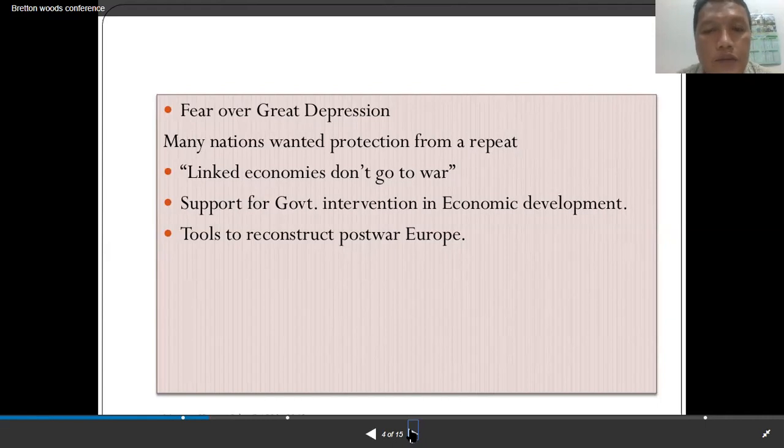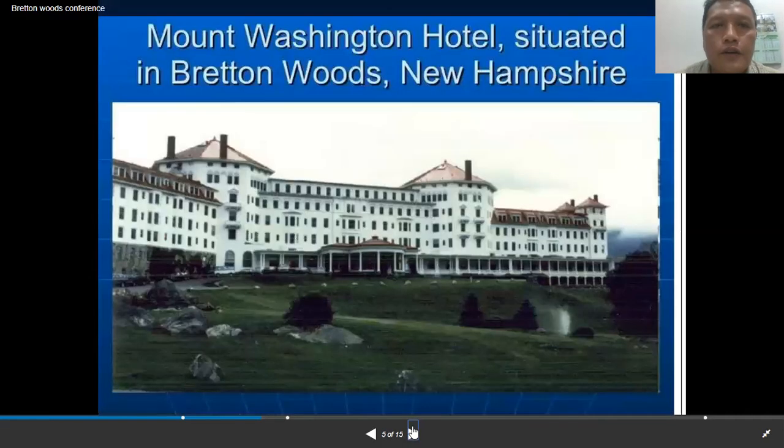That's why the economic relations based on liberal ideas create mutual interdependence, meaning that they need others to succeed. By this logic, countries will not create conflict or make war with each other. So this is the place where the Bretton Woods institutions were discussed and later agreed.